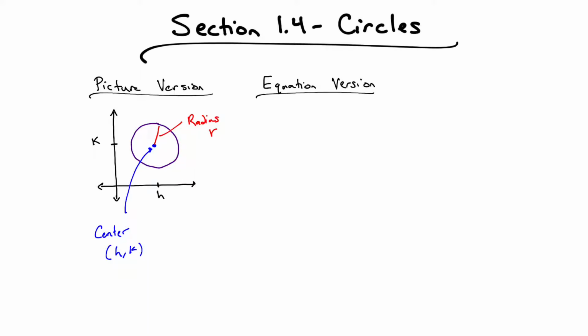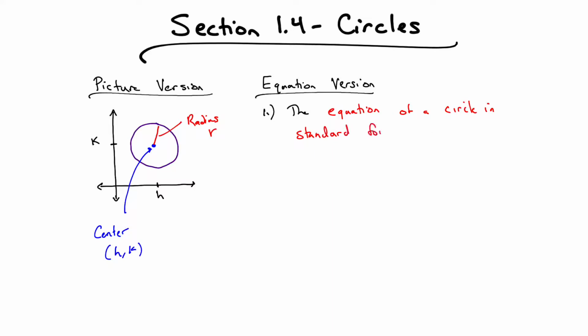And here there are two different forms of it. The first form is the equation, I want to make this an actual definition. The equation of a circle in what we call standard form.